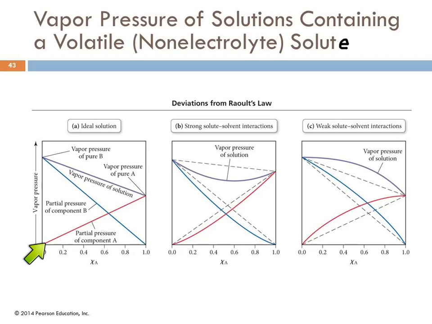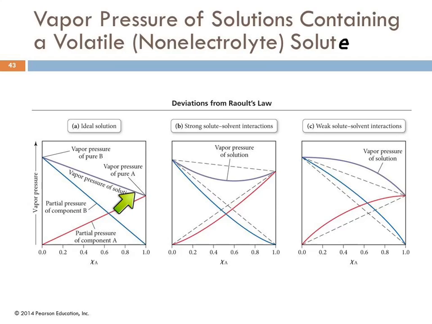At 0, there is no A in the solution. It's all B. And so the vapor pressure of B is up here. The vapor pressure of the solution is equal to the vapor pressure of B. At the other end, we have all A and no B, and so the vapor pressure of the solution is the same as the vapor pressure of A.